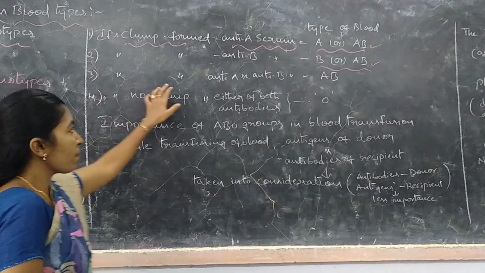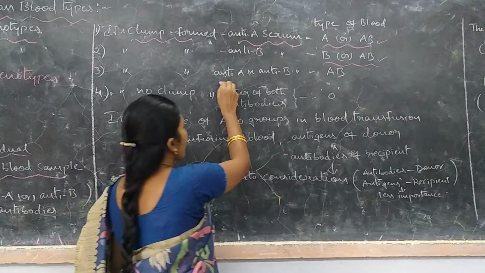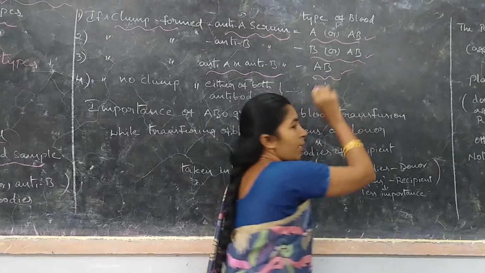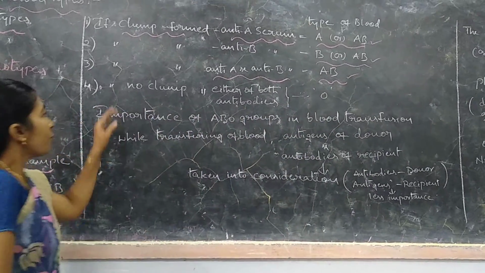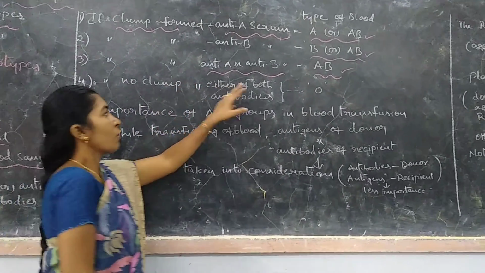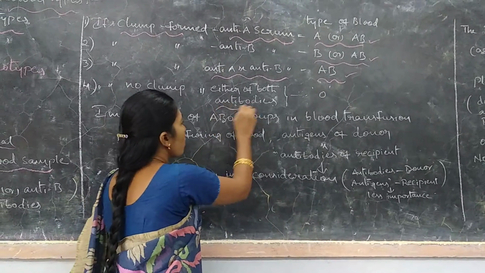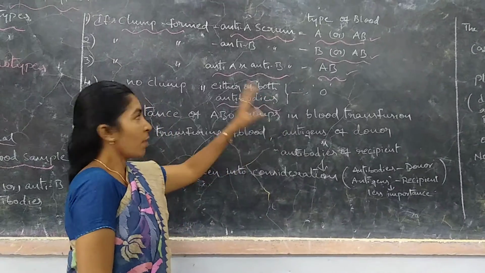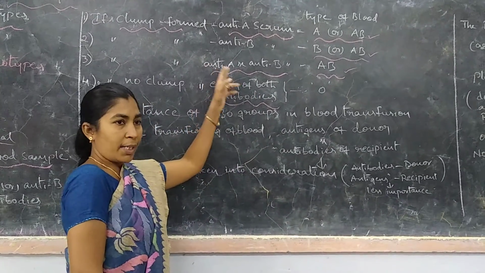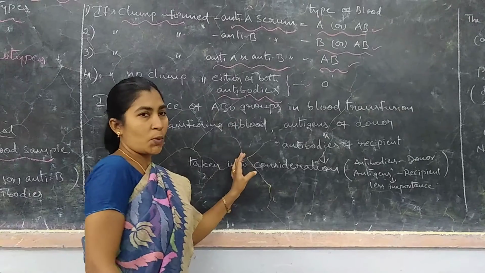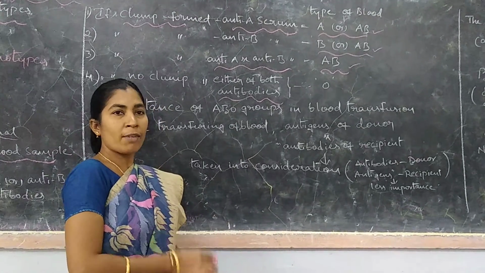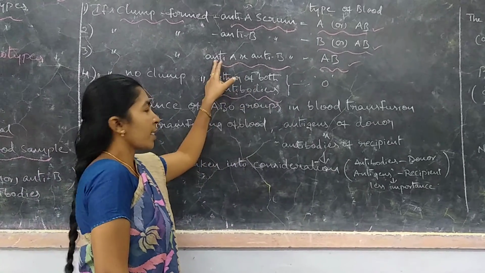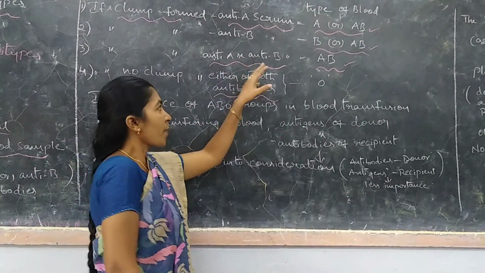Then if no clump is formed with either of the two antibodies, anti-A antibodies and anti-B antibodies, it indicates O blood group.